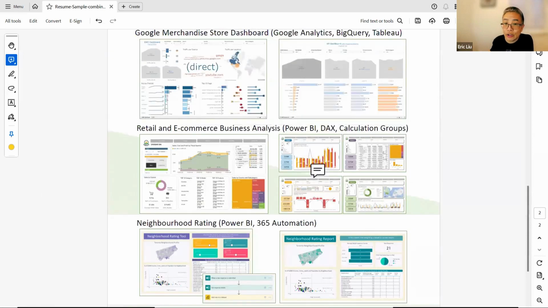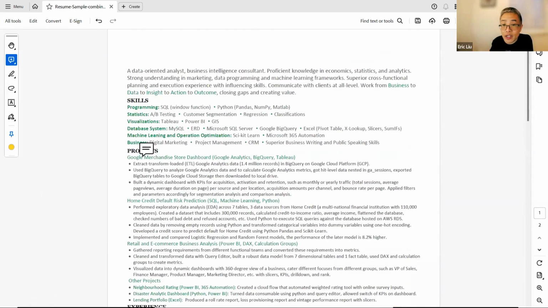So in fact, if you go back to this resume, she actually mentioned operational optimization. You could use, for instance, Microsoft 365 automation. Now it's called Power Platform. So you can use Power Automate or Power Apps to automate human manual work. And even with Power BI, some of the ETL process you can automate using Power Query, right? So that's something you definitely need to include. All right.